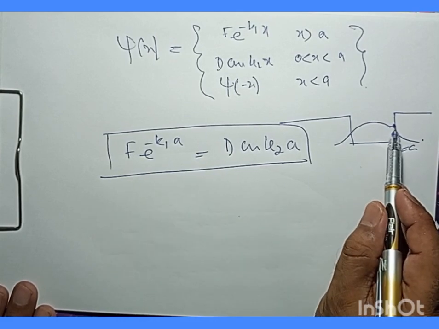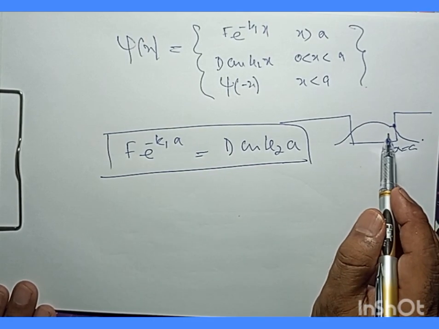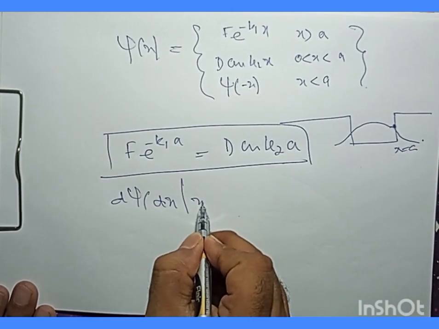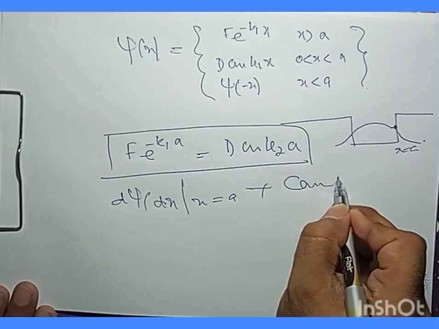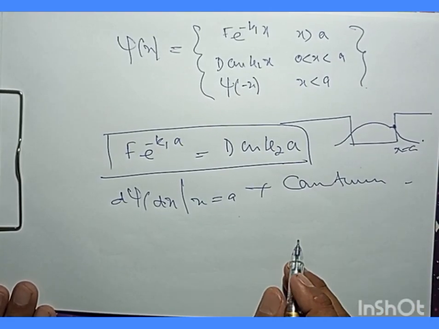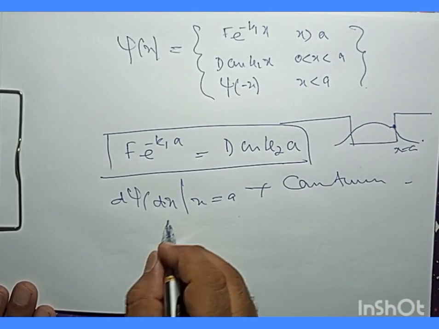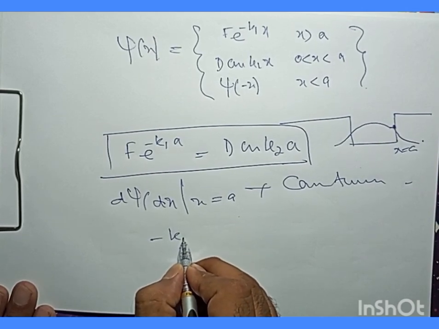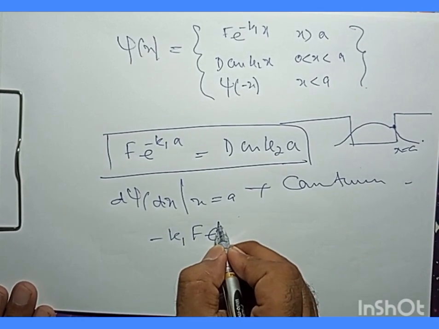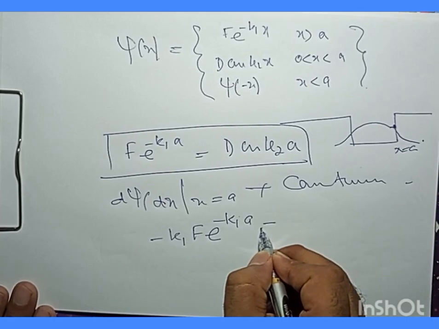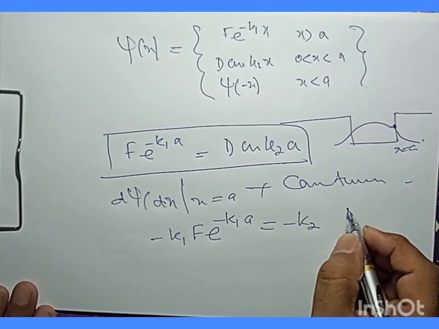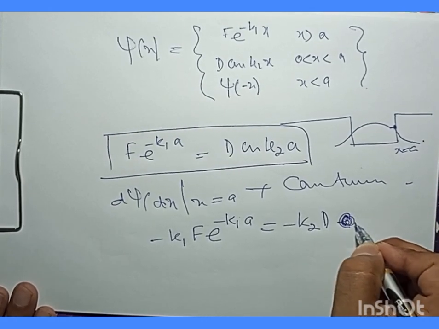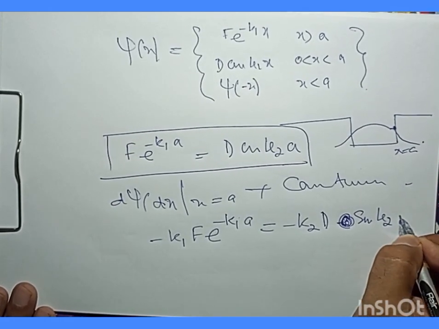The derivative of psi at this point also has to be continuous. That means d psi by dx at x equal to a has to be continuous. So we take the derivative, and what we get is minus k1 f e to the power of minus k1 a equal to minus k2 d, oh no, there's no e to the power, sine of k2 a.